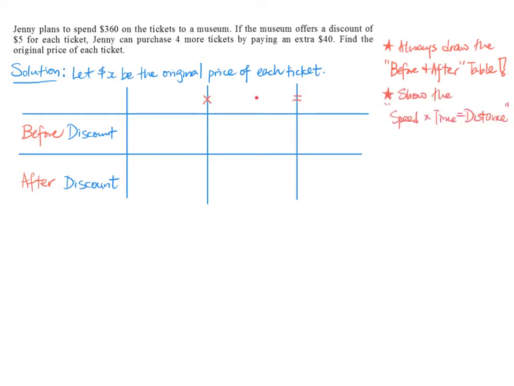Now, what goes on the columns? Okay, you always have this kind of speed times time equals distance thing. So in other words, you will have one equation, 1 speed times 1 time equals 1 distance. And for another one, you have a second equation with a different speed times a different time equals a different distance.